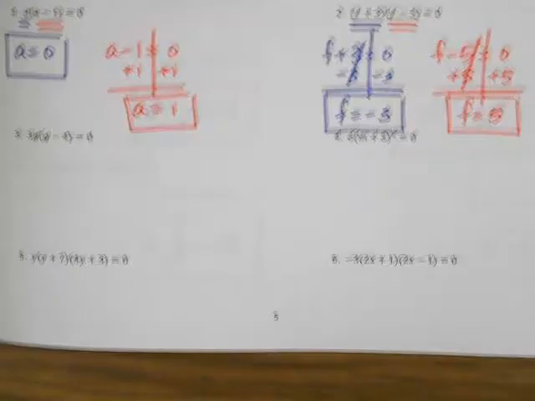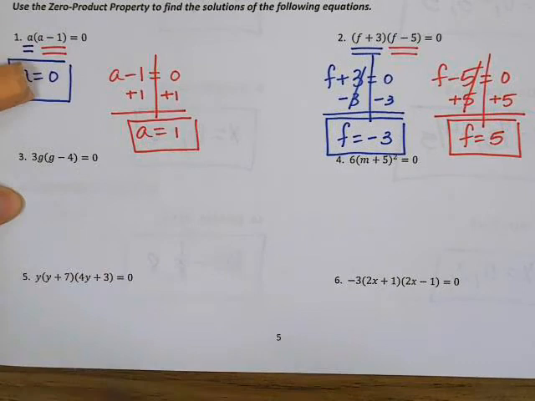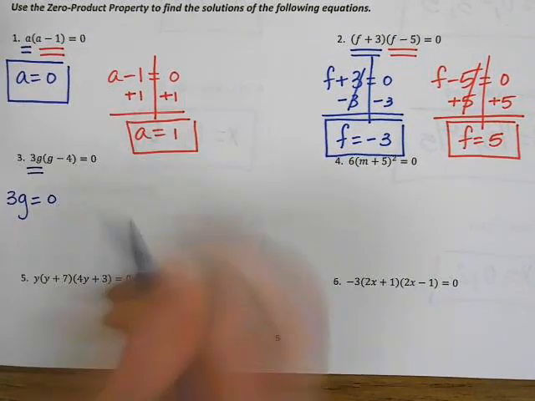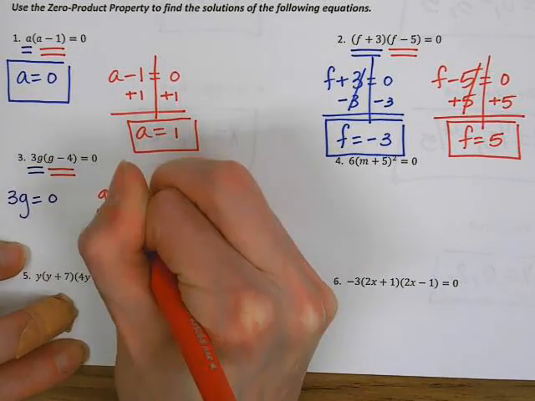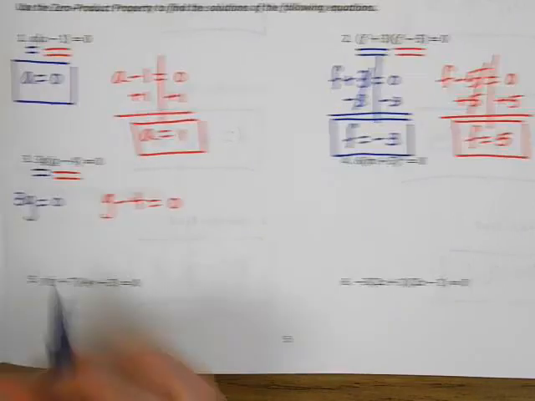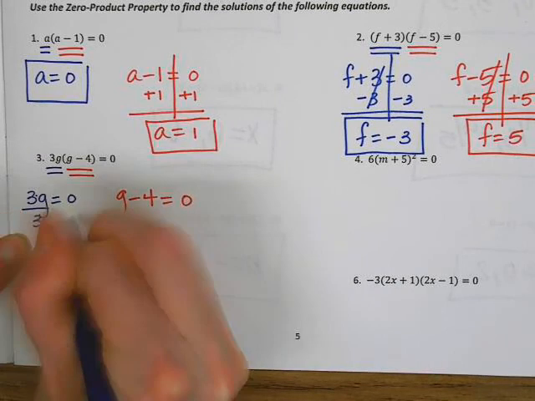All right, let's keep going. Some of these are a little different, so I want to do them all. All right, you have the product of factors equals 0. So let's set the first one equal to 0. And then let's set this one equal to 0. All right, now this one, to solve multiplying by 3, we would just divide by 3.